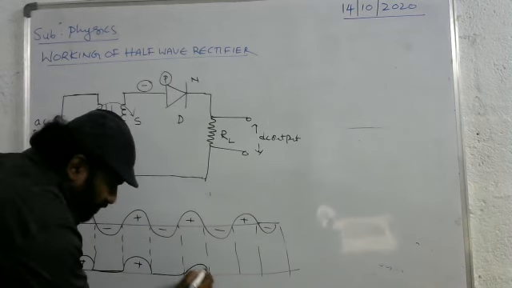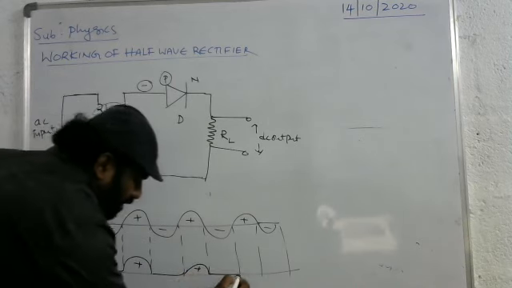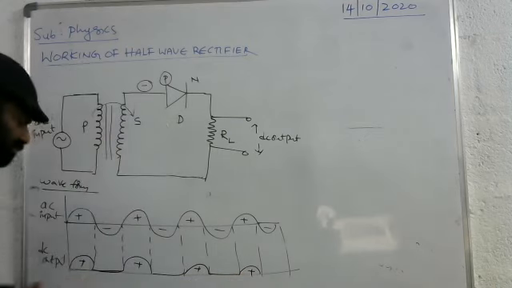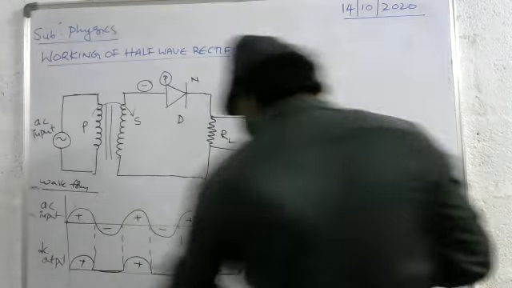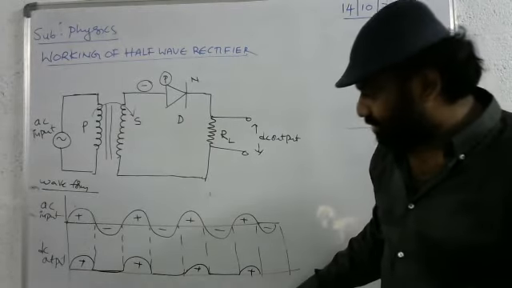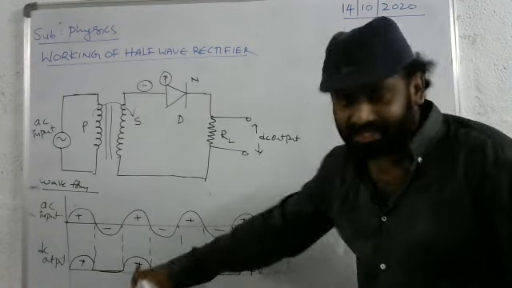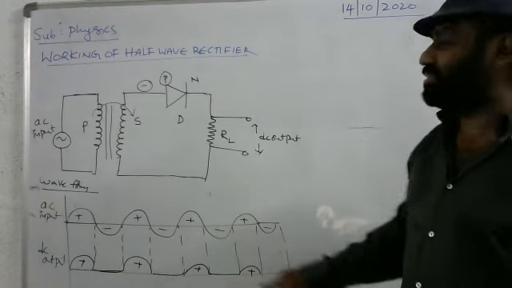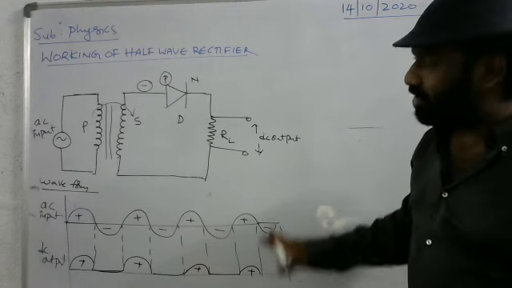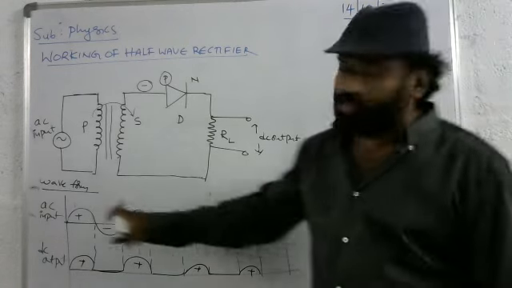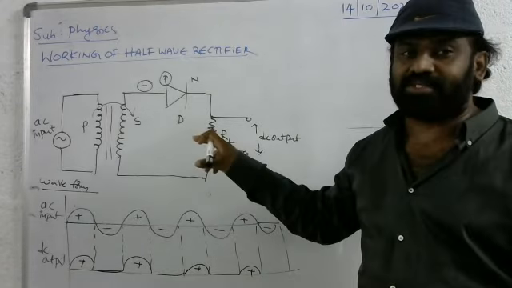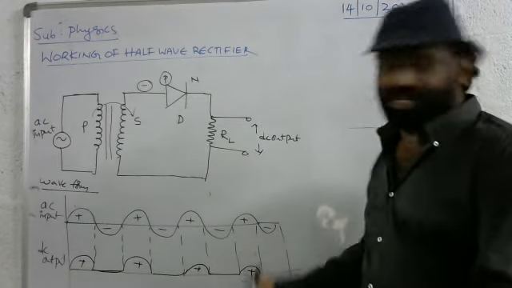We get output only for the positive half cycles; for negative half cycles, we won't get it like this. So only this is a DC. It is not continuous, it is discontinuous. Only half wave is rectified as a DC and hence it is called half wave rectifier. Why does it rectify only half waves? Because during the positive half cycles, the diode D is in forward bias, it allows the current and we can get the signal.